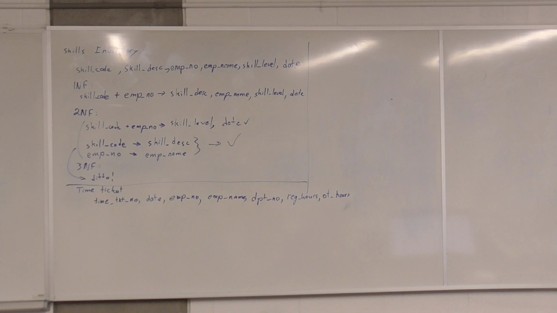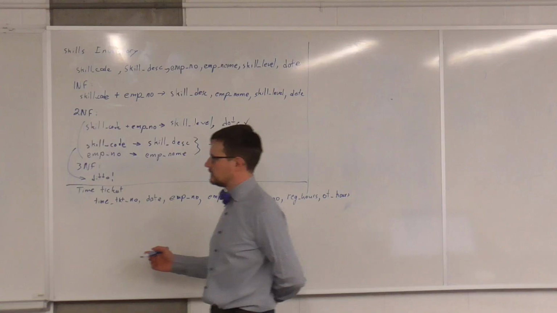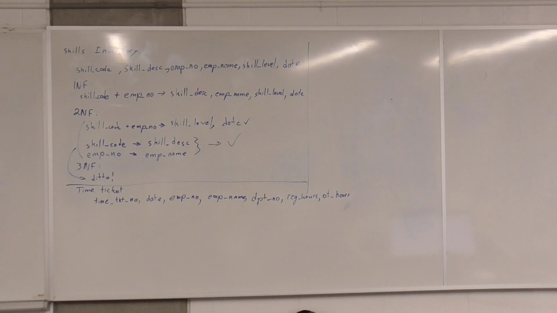Because given that these are time tickets, you can imagine many such tickets, right? I would argue possibly that we have repetition here that would be expanded in the first normal form. So what you would end up with is ticket number as a column, date as a column, employee number, employee name, all as columns in front of these.